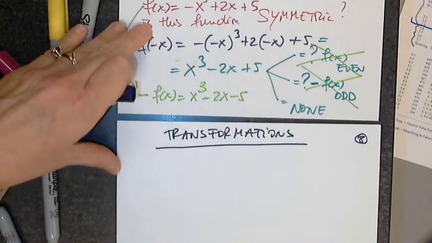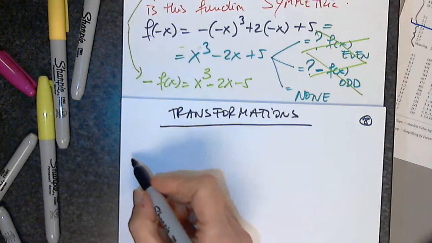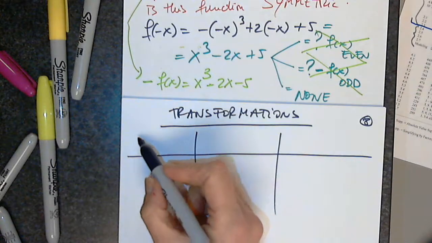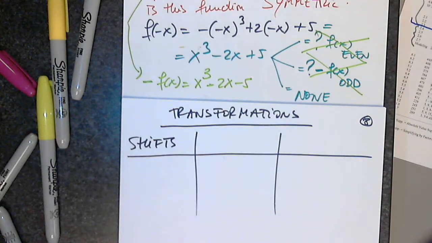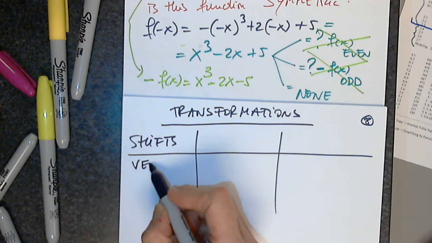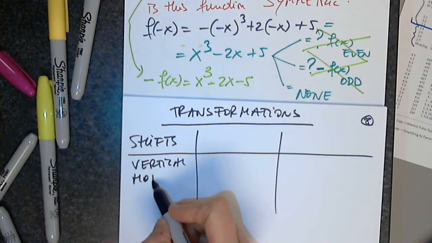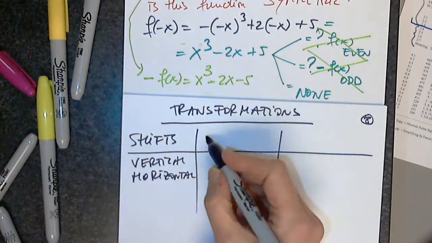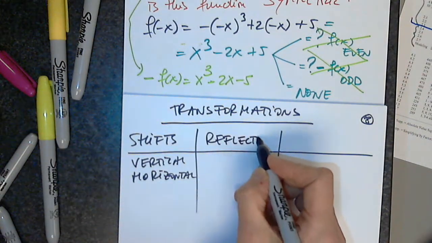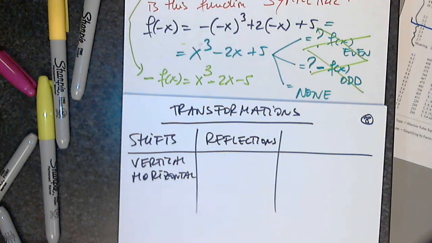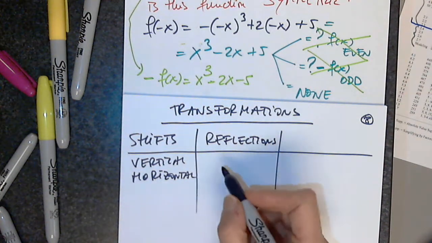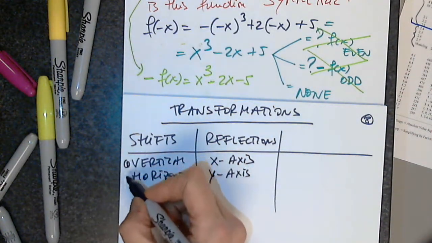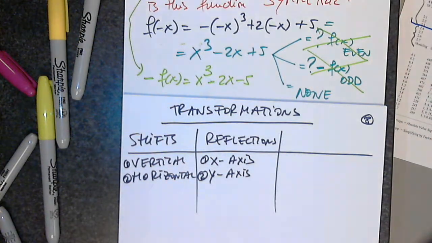They are of 3 types, major types. Shifts, vertical, horizontal, reflections, with respect to the x-axis or the y-axis. So this is type 1, type 2, type 1, type 2.